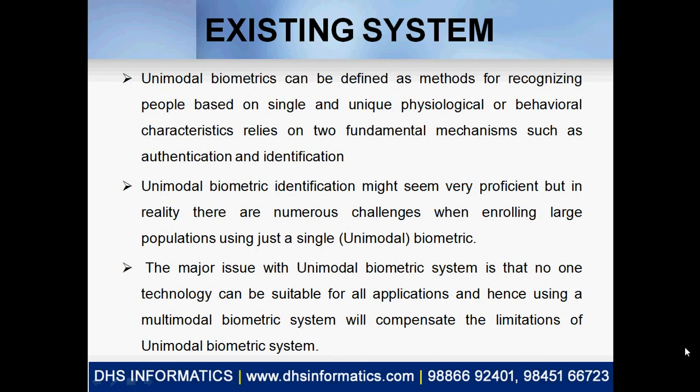Unimodal biometric recognition may sound very professional, but in fact, there are many barriers to enrolling a large population with only one biometric. The biggest problem with the unimodal biometric method is that no solution will be appropriate for all applications, and thus the use of a multimodal biometric method would compensate for the weaknesses of the unimodal biometric system.